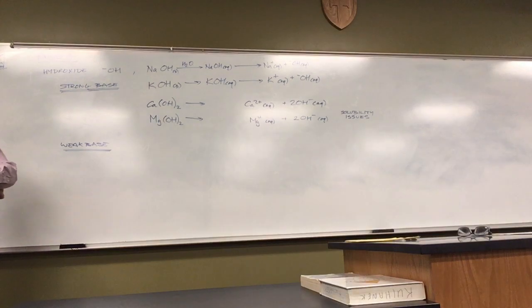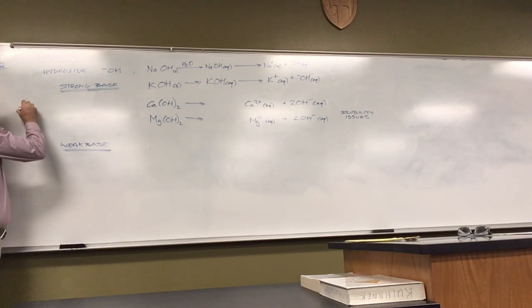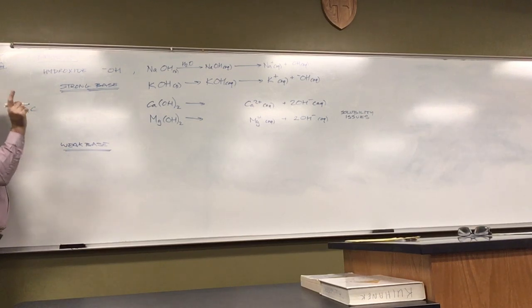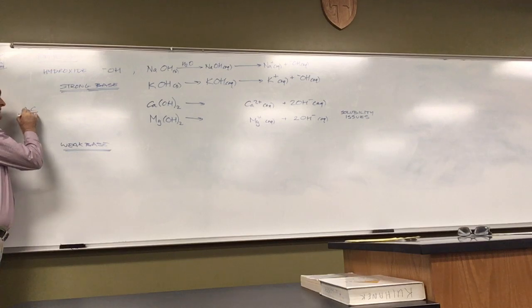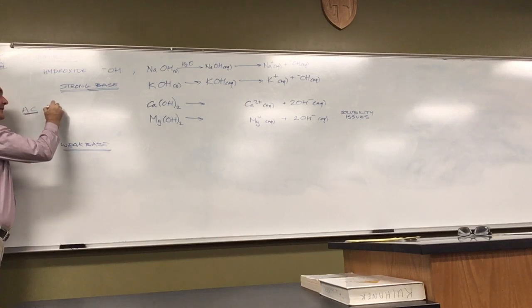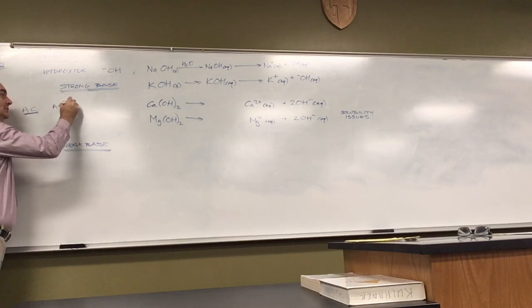What's the definition of a Lewis base? Electron pair accepts it or doesn't. The thing with acid is it begins with AC, and so does acceptor.